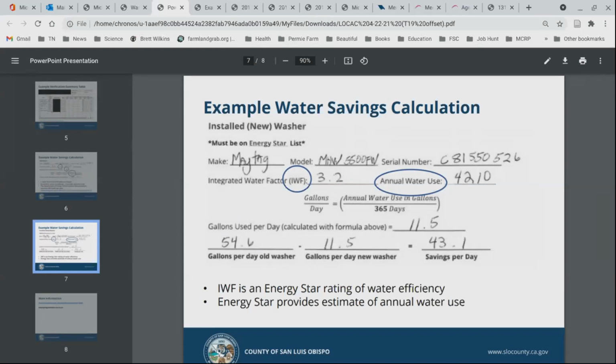So that's going to stay the same. The only thing that's based on an average national usage, Patrick. Energy Star didn't calculate that specifically for Los Osos. Exactly. But the gallons per day for the old washer is going to change. The new gallons per day are going to stay the same. So that's where you get your change.